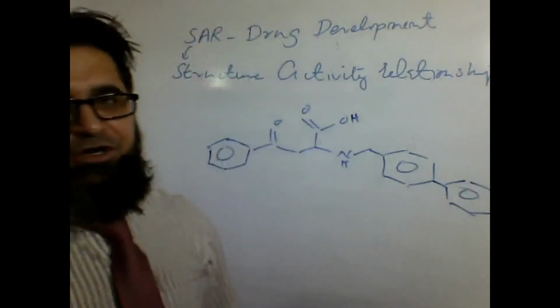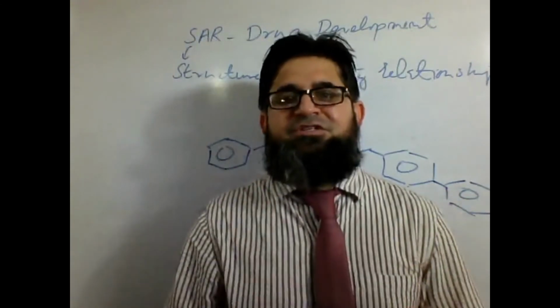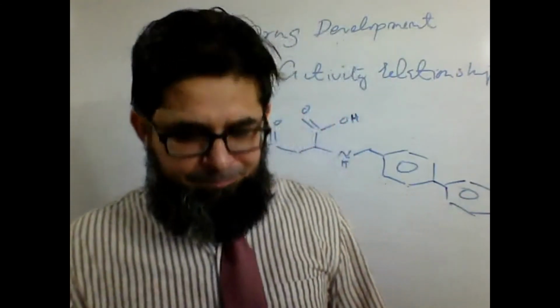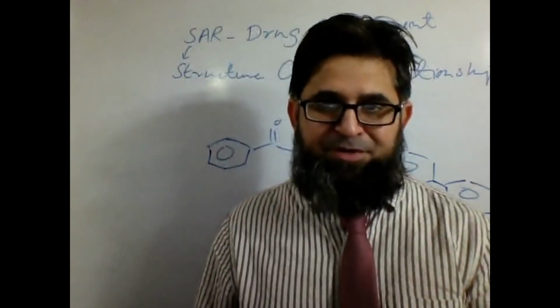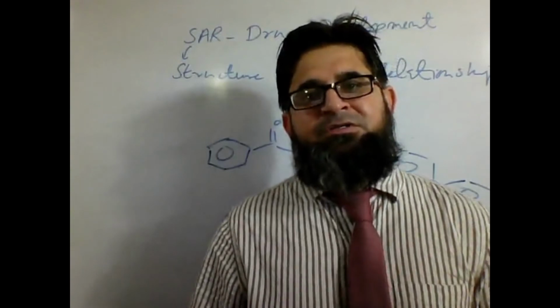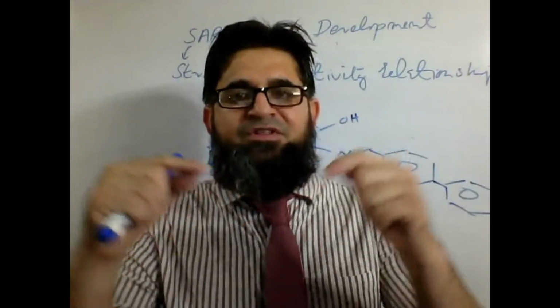What I'm trying to give you is a glimpse that once we receive lead molecules from natural resources, or we prepare them in the lab, and we see through initial screening that the compound has shown a promising biological activity, then we can play around with its structure.